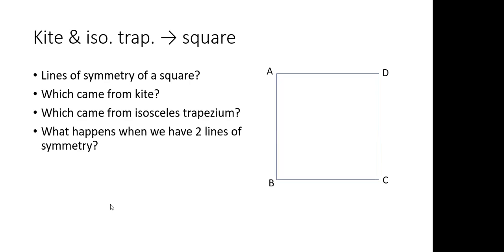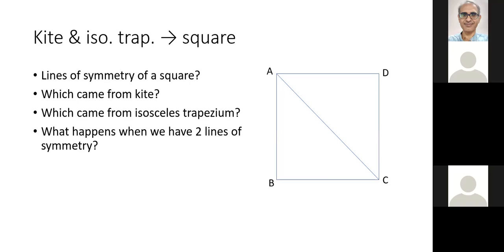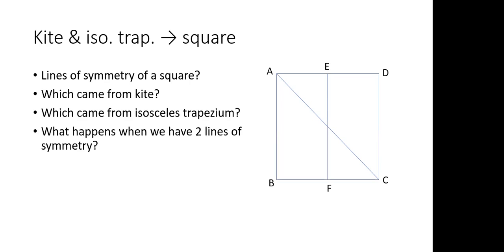So this is from the kite. Let's just start with one. Kite has one line of symmetry, AC. And this is from the isosceles trapezium, EF. Now, what we can do is we can flip AC on EF.